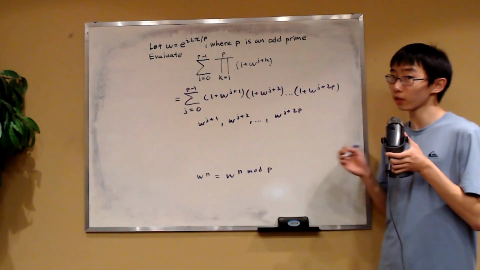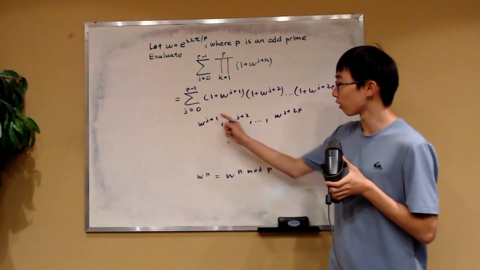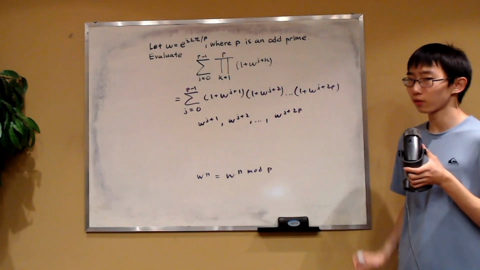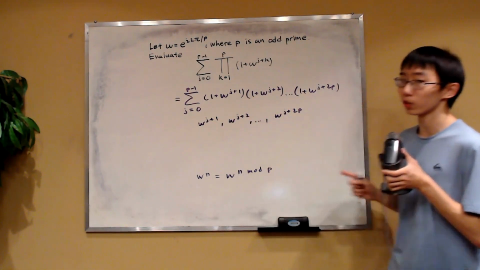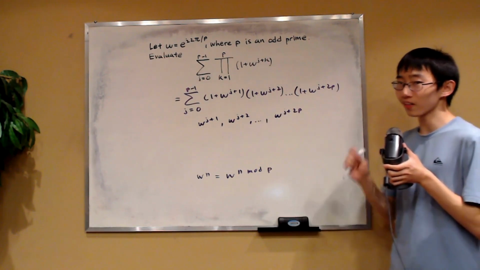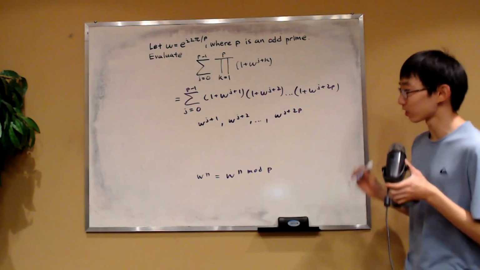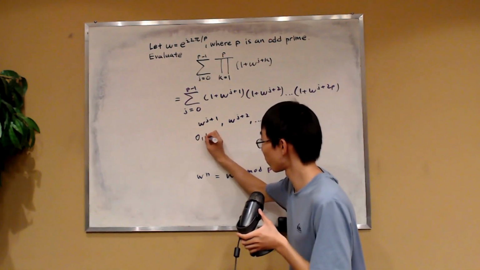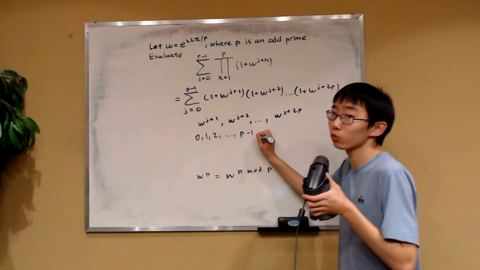Now, why is that relevant? Well, I want you to consider taking the mod p of each of these exponents. In other words, take the remainders when each of these exponents are divided by p. What will you get? Well, I will tell you that you will get the sequence 0, 1, 2, all the way to p minus 1, and then this will repeat.